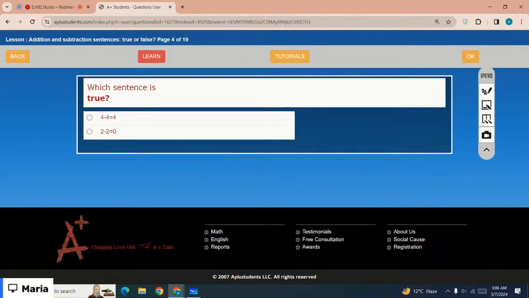Which sentence is true? 4 take away 4 equals 4 and 2 take away 2 equals 0. Which is the correct option?